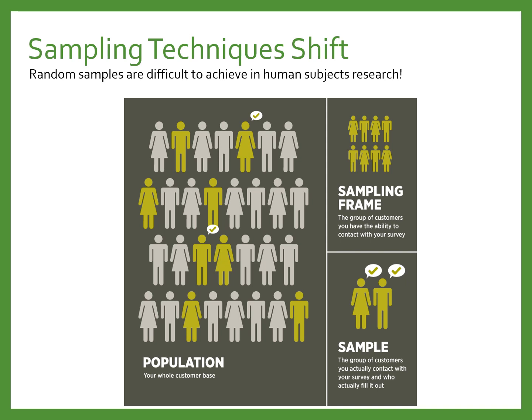So you may start off having access to your population, then you take a random sample or a sampling frame from that population. But a lot of times in human subjects research, your sample doesn't include everybody from your sampling frame that was so beautifully and randomly constructed. So you usually do end up with a convenient sample of subjects, which doesn't lend itself as well to external validity and being confident that your findings represent everybody that you're interested in.